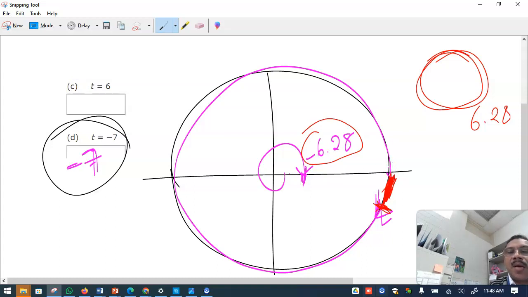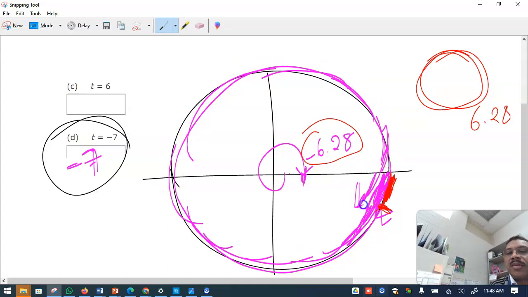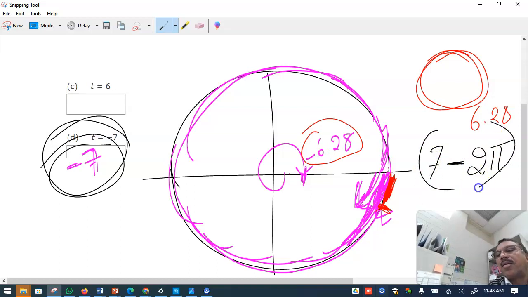This is clockwise, right? So watch this. From here it starts, it goes around, and till here is 7. This is 7, and you have to subtract 2 pi. So even though it is minus 7, you're going to use just 7 minus 2 pi, and you're done.